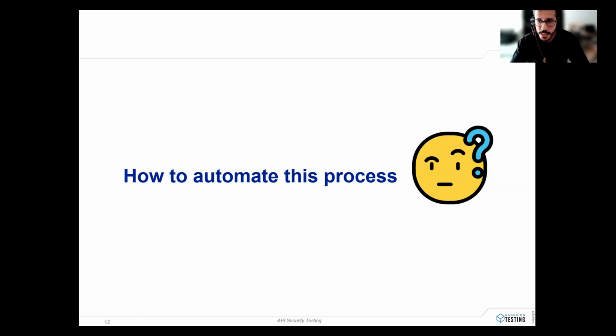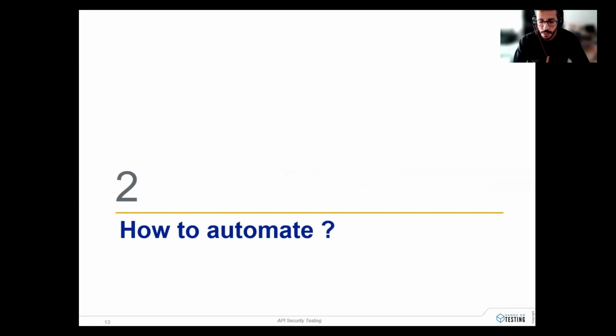Let's see how we can achieve this in practice, and I will explain through two different methods. So how do we automate all of these security checks, or at least the most important ones?